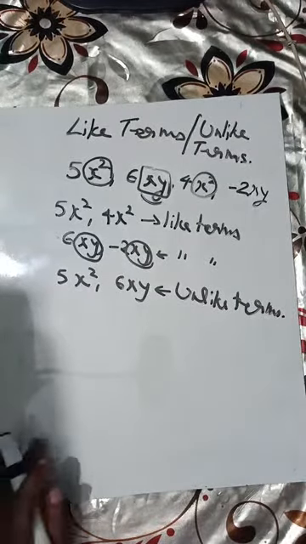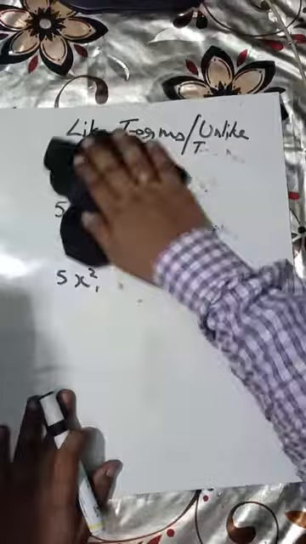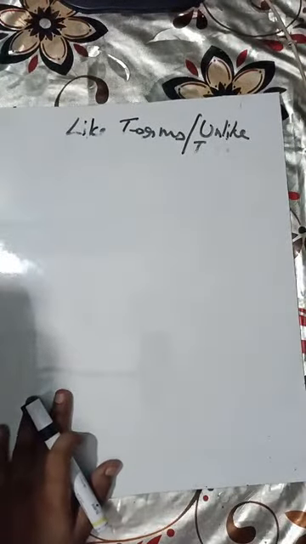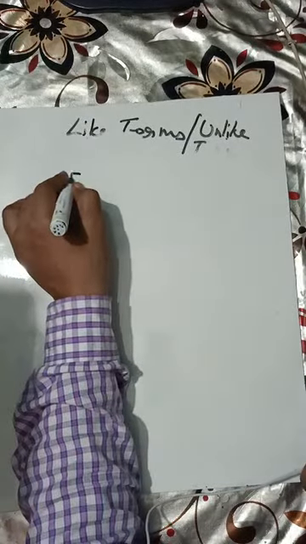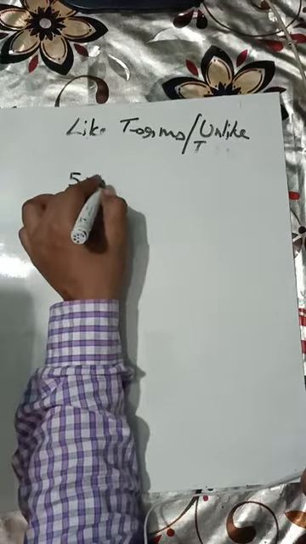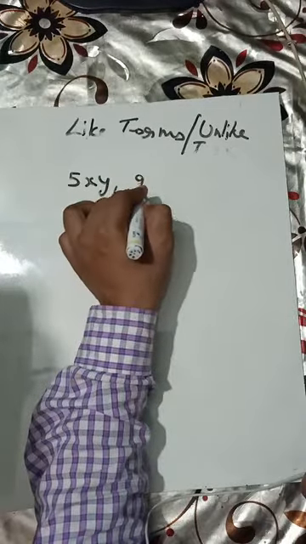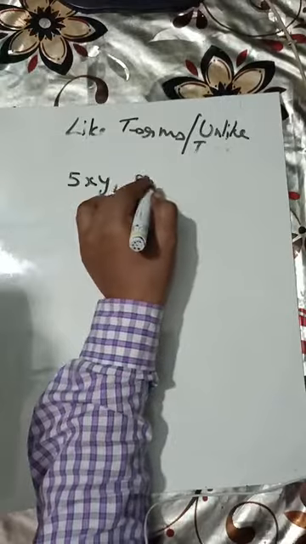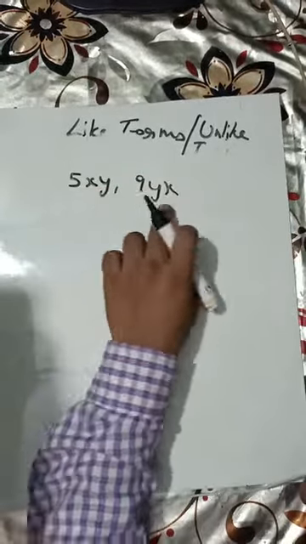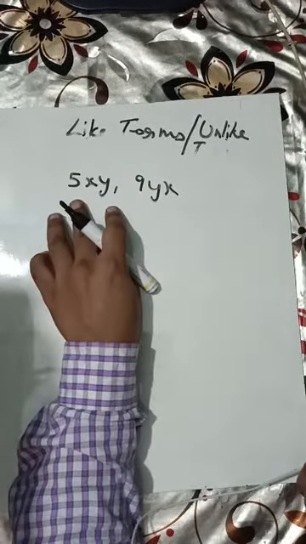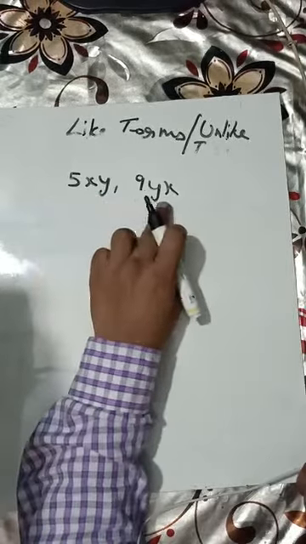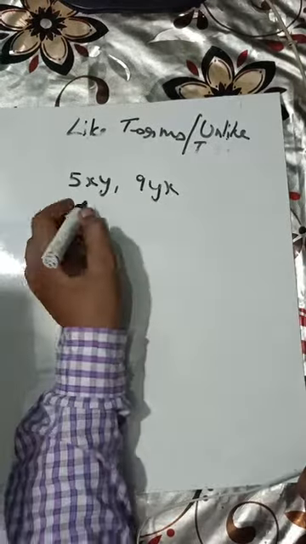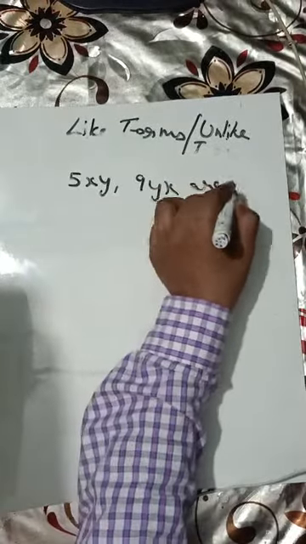So the like terms are the terms having exactly the same variable part with variable coefficients. Let me explain one more thing. 5xy and 9yx, they are also like terms. Okay, xy and yx are the same thing, so they are also like terms.